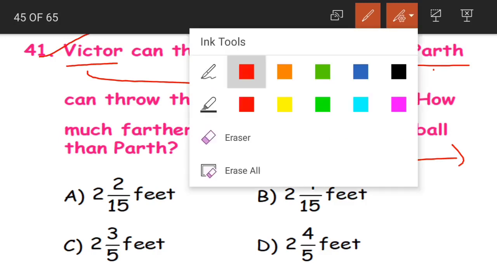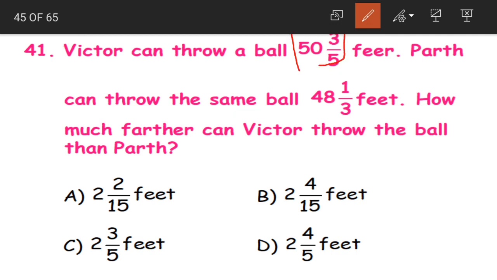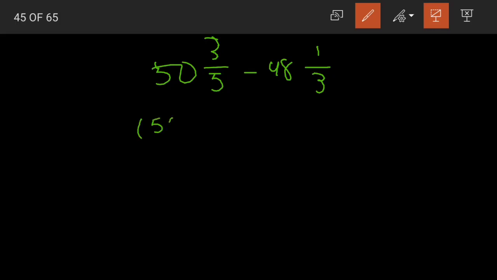To find this out, we have to subtract the given two distances. 53 by 5 minus 48 1 by 3. Again, here we are having two mixed fractions, so you can opt for either of the two ways of subtracting.